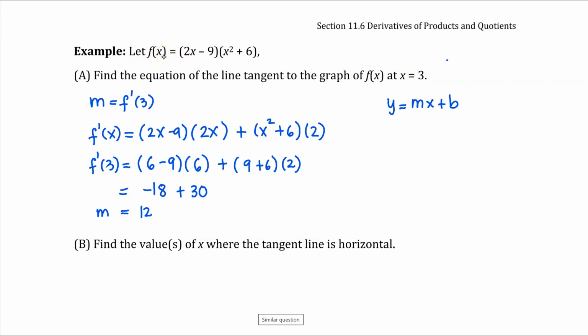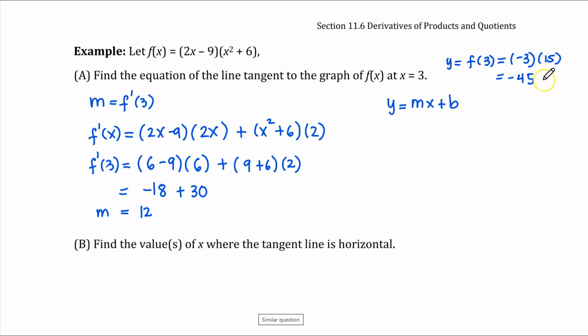So we will have y is equal to f of 3. So you plug in 3 here, so that is 2 times 3 is 6, minus 9 is negative 3. And then 3 squared is 9, plus 6 is 15. Negative 3 times 15 is negative 45.